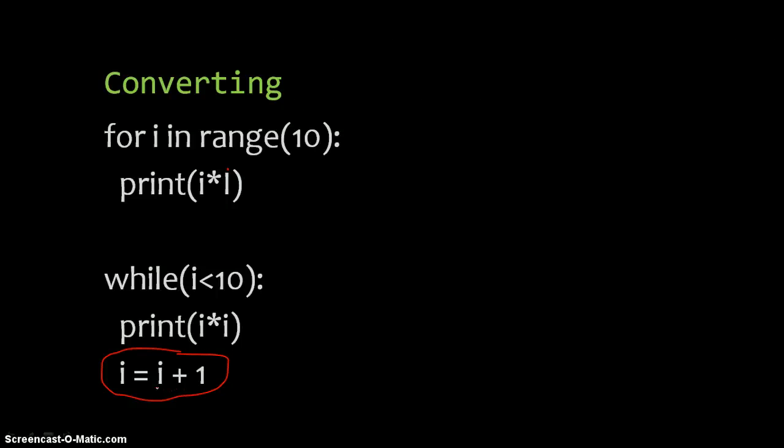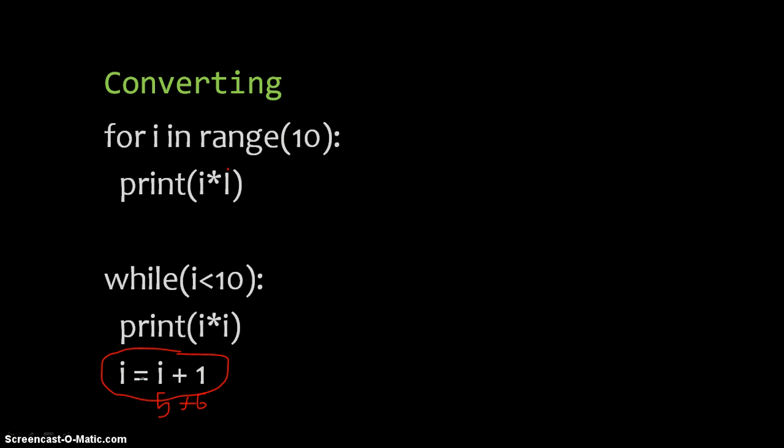And just as a reminder, let's say you're halfway through and i has a value of 5. Python interprets this code as saying, okay, this side is 5 plus 1, or 6. Great. And a single equals is not a comparison. It's not saying, does this equal? Because of course, i never equals i plus 1.